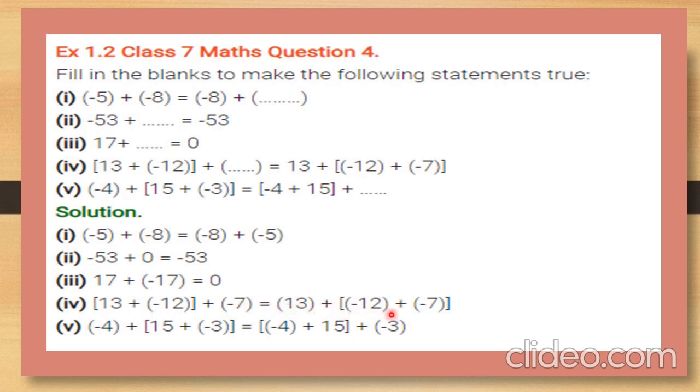So let us see, here we get minus 6. Here first we solve this big bracket. So minus 12 plus minus 7. So minus 12 minus 7. What will you get? Minus 19. So minus 19 plus 13.